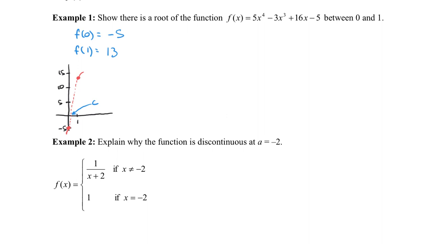And so the way that we can show there's a root of this function between 0 and 1 is this. Just show that using the intermediate value theorem, there's a point c here that takes on every value from negative 5 to 13. So negative 4, pi, 6, they're all included, but the one we want, the one that's a root, is where f of c equals 0.